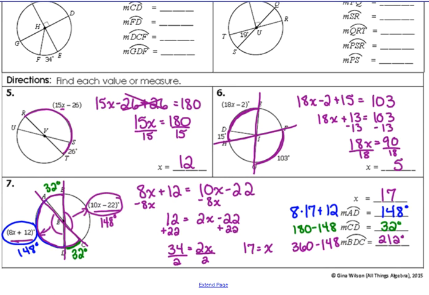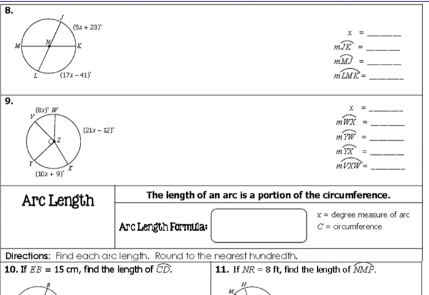All right, these last two, I'm just going to get you started on them, and I'm going to let you finish out number 8 and 9. So let's look at these two. Number 8 here. Again, we're starting by solving for x. We have x in both of these expressions. The first one is the arc from J to K. The second one is the arc from K to L. Those two together do form the semicircle.